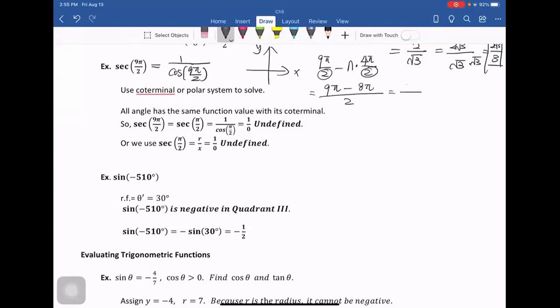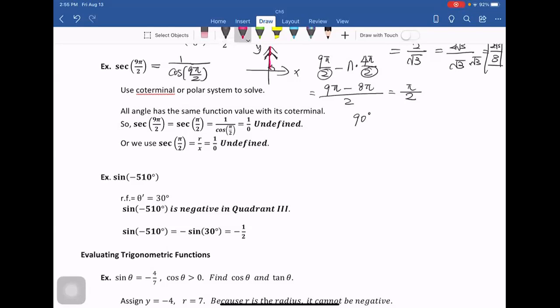That's pi over 2. Oh, I see. My angle is here. The reference angle should be 90 degrees. But I also learned that I can pick any point on this part.